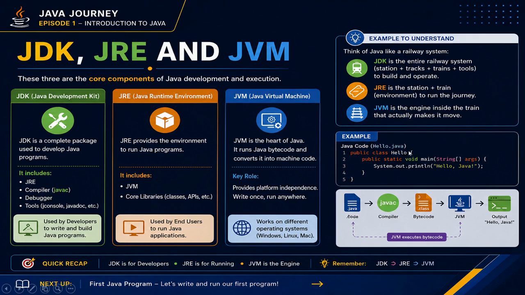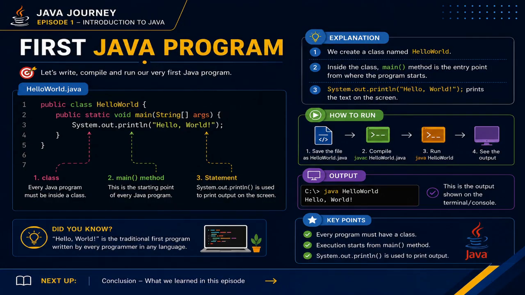Then, coming to our next slide, we are now able to write our first program. This is the traditional Hello World program. Here we create a class which is named HelloWorld. Inside the class, we define the main method.